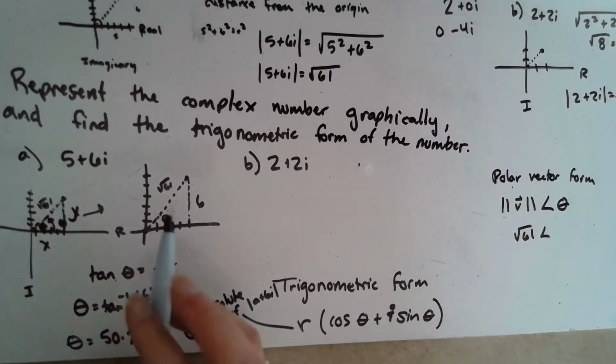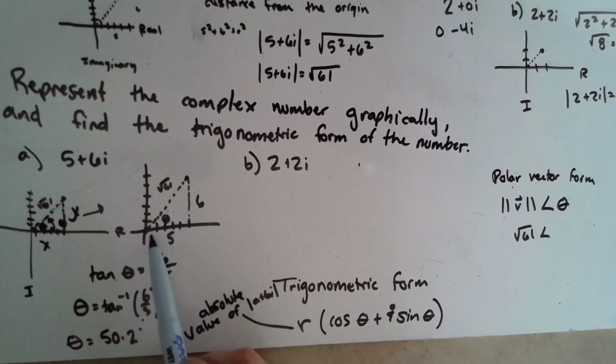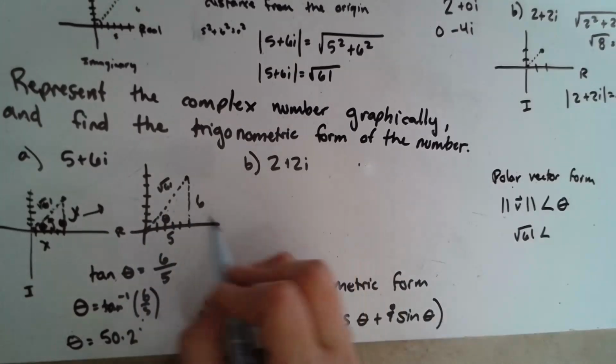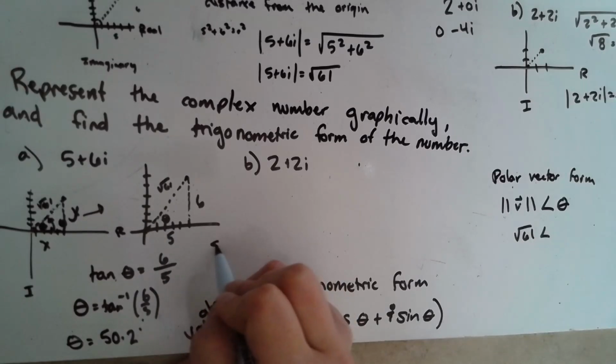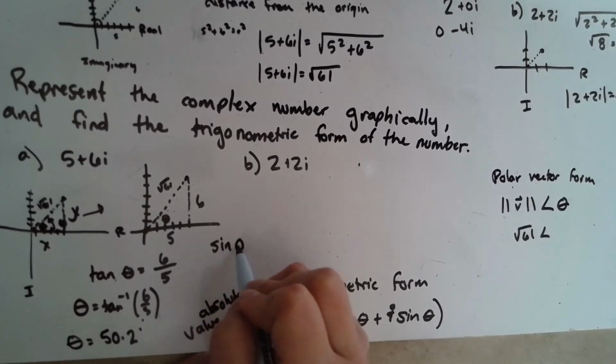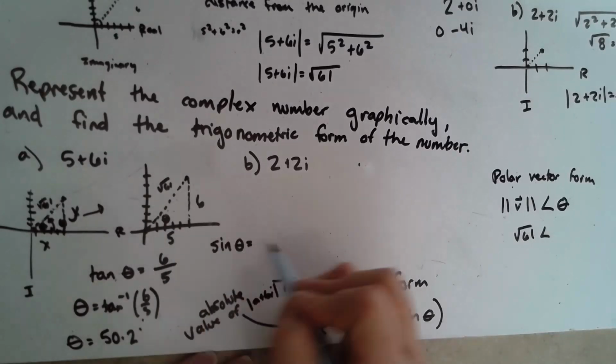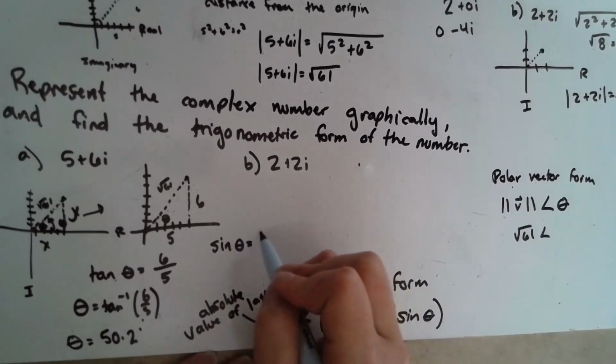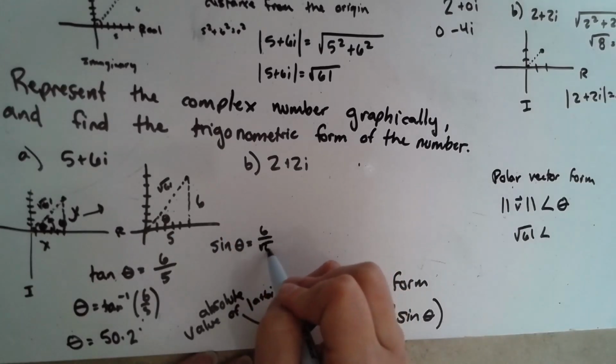If I wanted to do sine of theta, sine of theta equals opposite over hypotenuse.